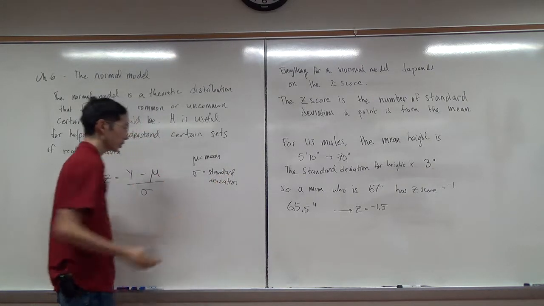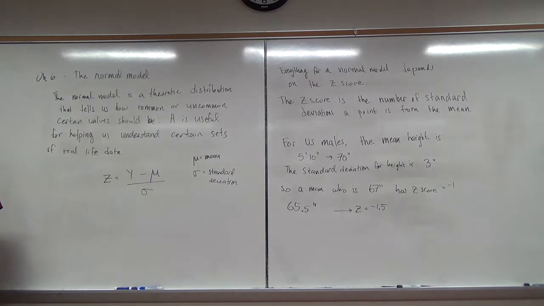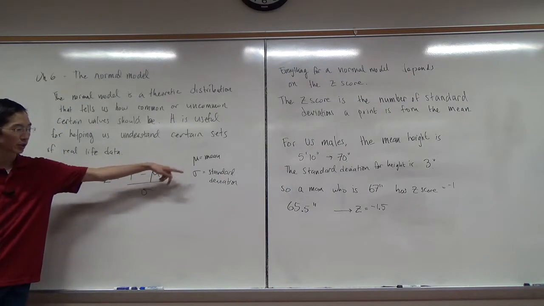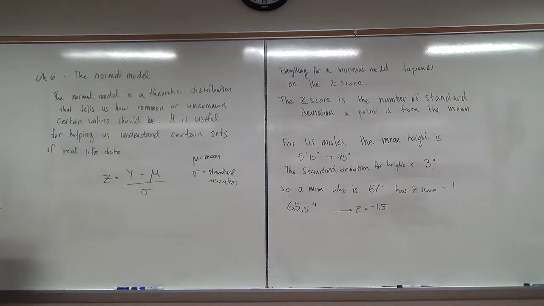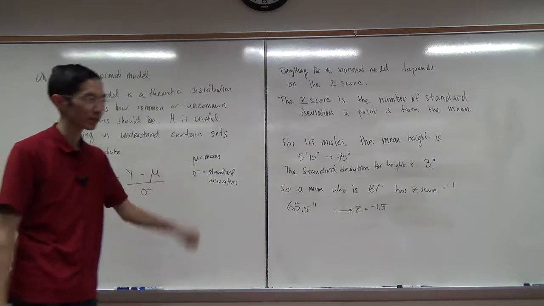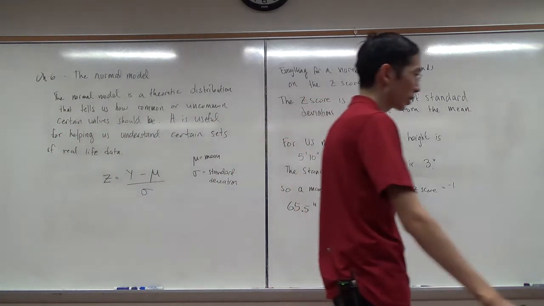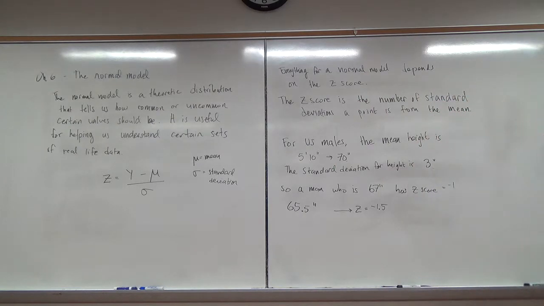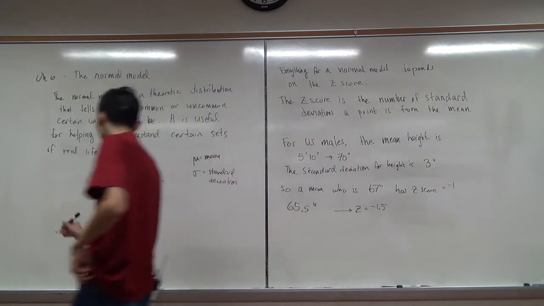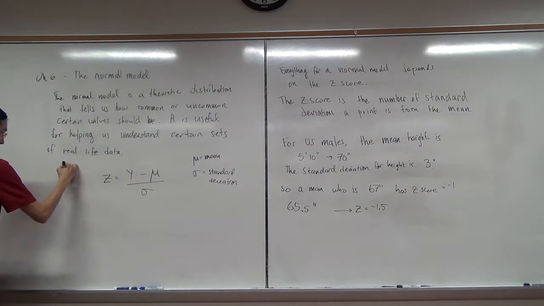Whenever you talk about a theoretic model, you use the Greek letters mu and sigma for the mean and standard deviation. When you talk about samples of data, you would use y bar and s for the mean and standard deviation.